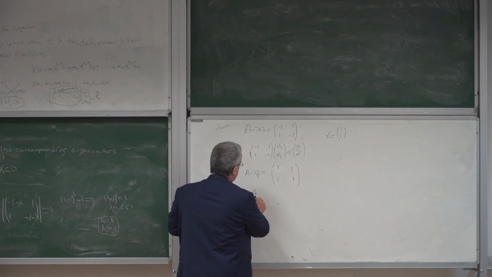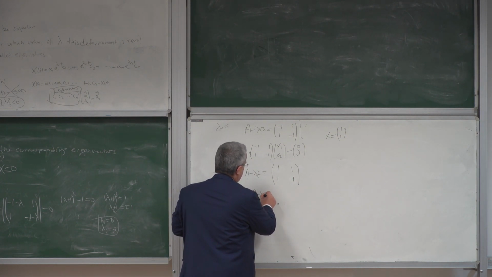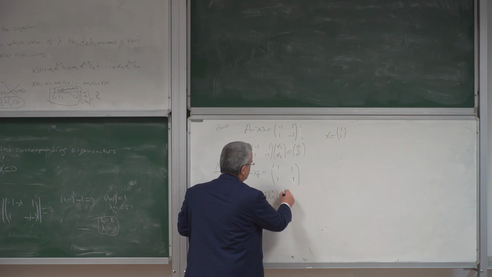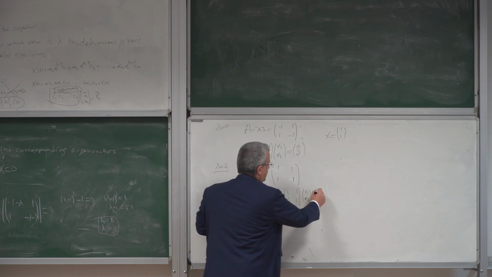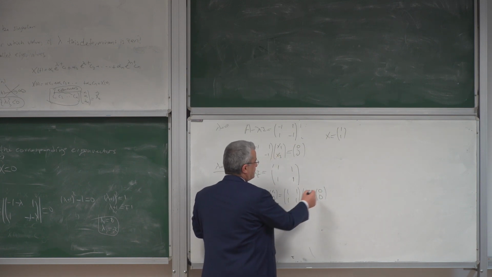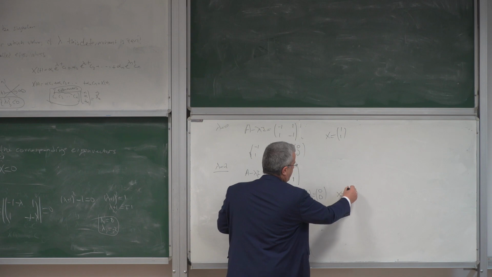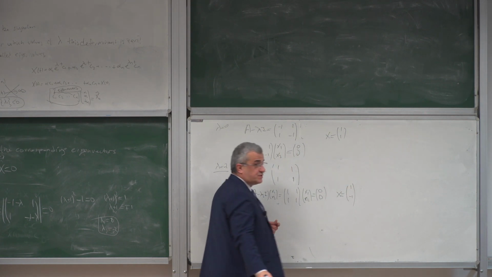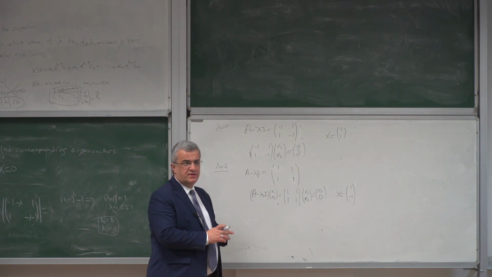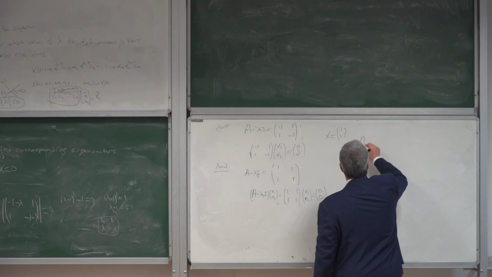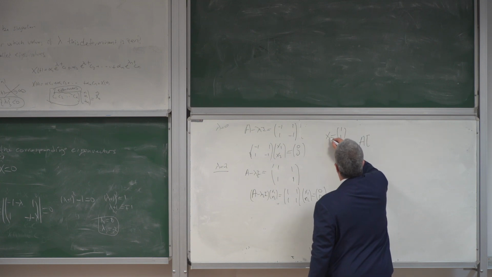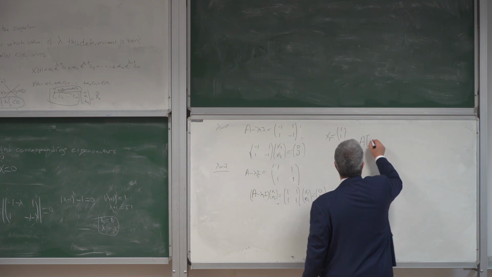So what is then A minus lambda 2 I times x1, x2? That's equal to 1, 1, 1, 1 times x1, x2, so that's equal to 0, 0. So what should this be? Very easily, 1, minus 1 or minus 1, 1. So we have both. So let's call this x1 and this x2.